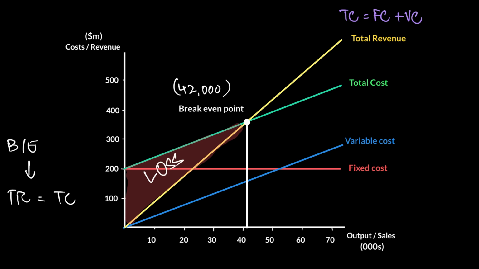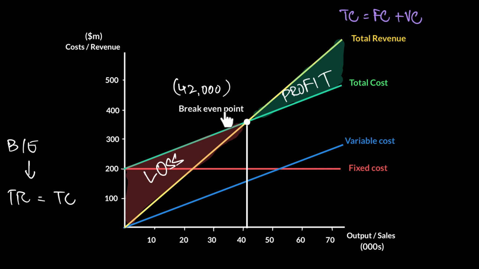However, as soon as we cross this break-even point, things start to look a little rosy. This is where my total revenue curve takes the lead over my total cost curve, indicating this is my profit region. So what this means is that as soon as you make your 42,001st unit, it will start yielding you a profit. That's just what the break-even point helps us to identify.